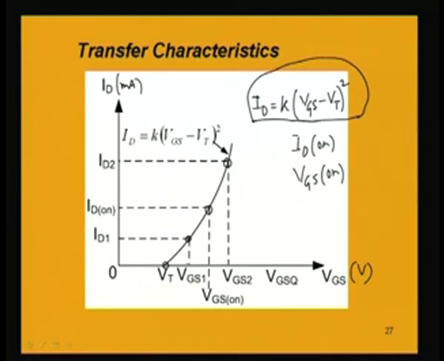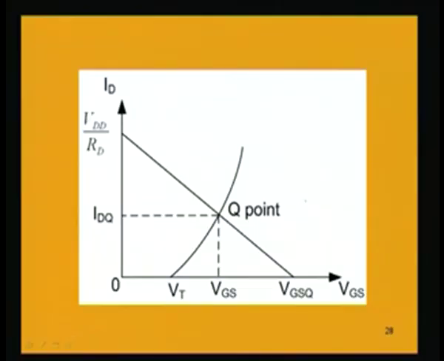So, now what will we do with this transfer characteristic? We will be plotting the transfer characteristic and the network characteristic given by this straight line, ID versus VGS, on the same axis. So, here we are drawing this transfer characteristic.